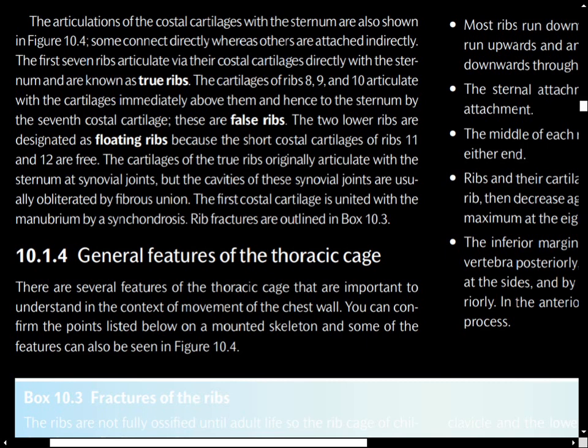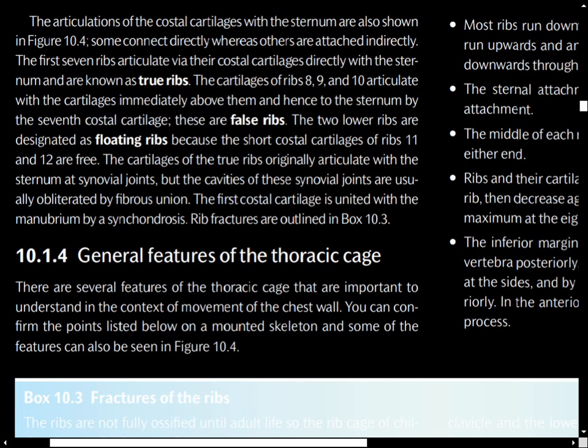The cartilages of 8, 9, 10 articulate with the cartilage immediately above them, and hence with the sternum by the 7th costal cartilage. These are false ribs. The 2 lower ribs are described as floating ribs because the short costal cartilages of ribs 11 and 12 are free.